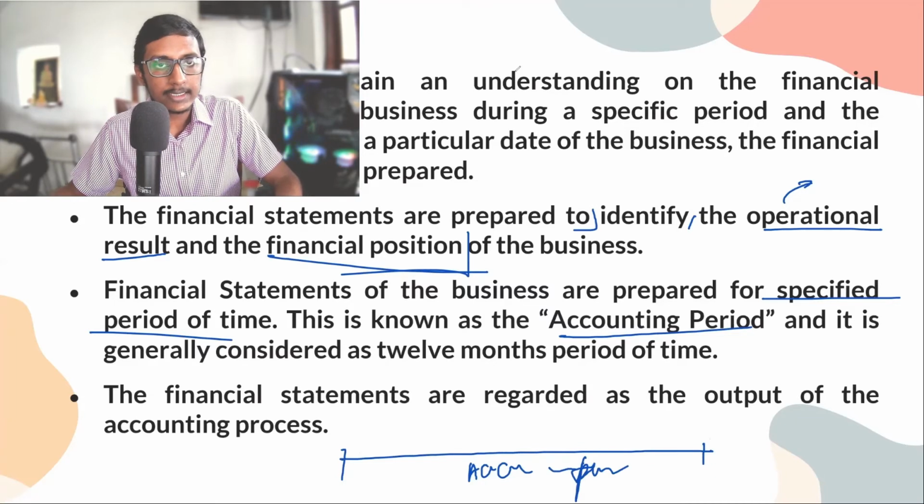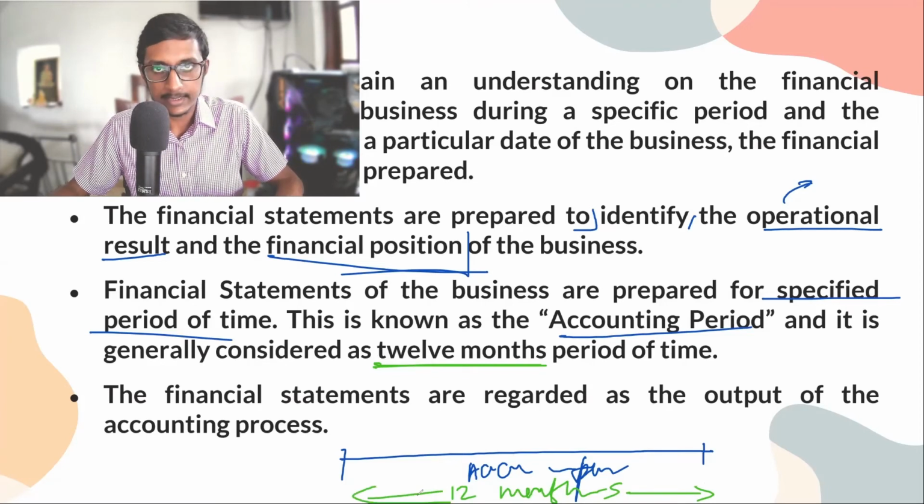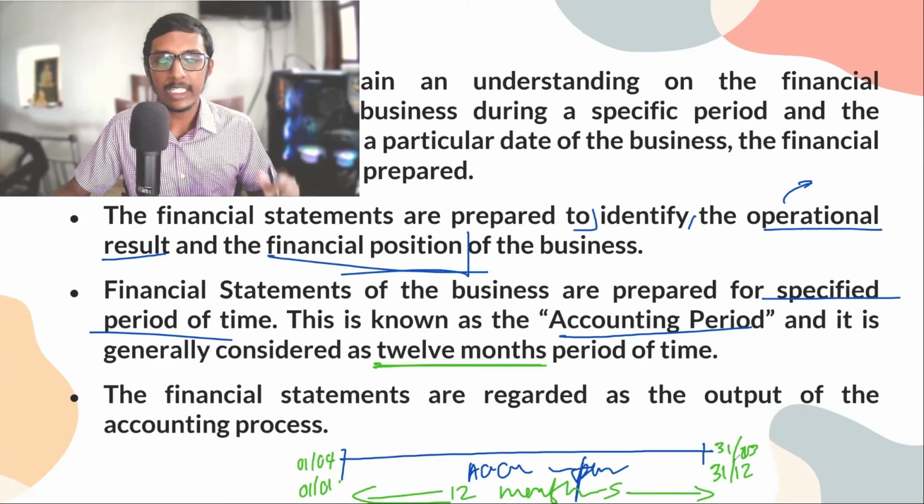It only consists of how many months? They have mentioned 12 months, guys. A 12-month accounting period, right? For an accounting period, it only includes 12 months. It can be 1st of January to 31st December, right? Or it can be 1st of April to 31st March of the next year, right? It can vary based on the business.